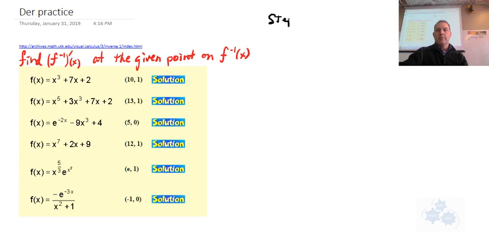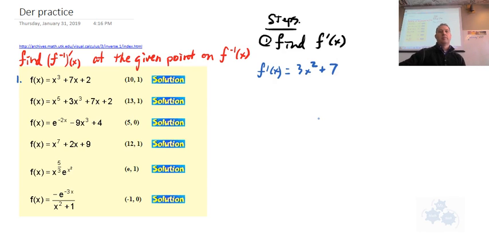Step 1, find f prime of x. If we're doing question number 1 here, f prime of x is pretty easy: 3x squared plus 7. That's the first thing you do, and for all these, it's pretty easy.